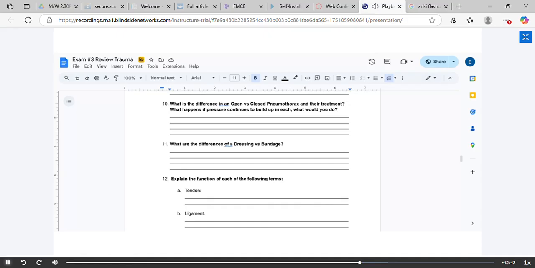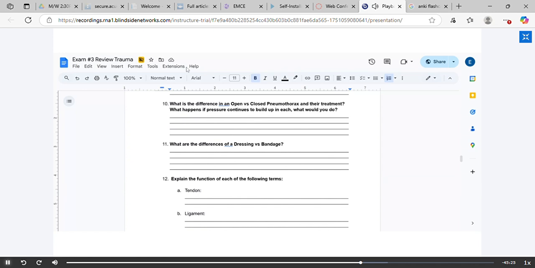A closed pneumothorax is where you don't have a hole in the thoracic cavity. There is no hole, but there's damage to the lung, and it is accumulating. It's starting to fill that pleural space and collapse that lung. What happens if the pressure continues to build?